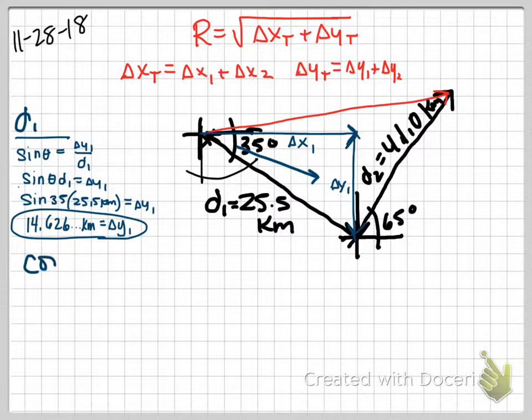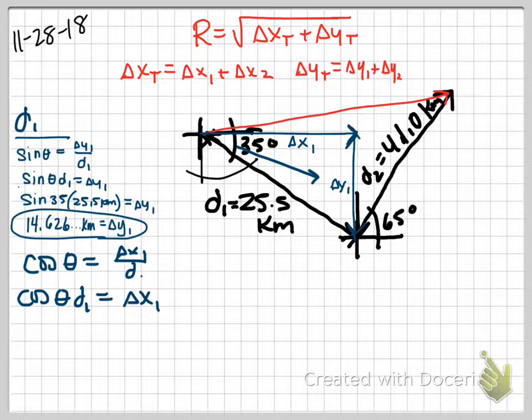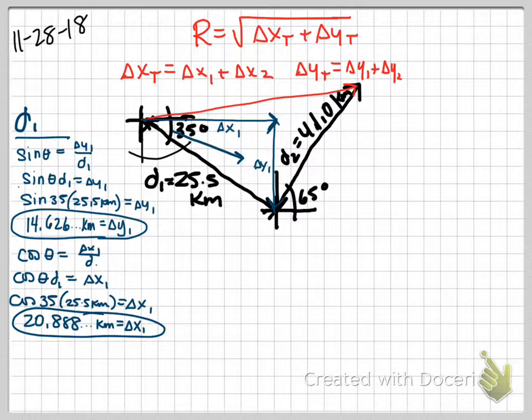And I know that cosine theta will equal delta x1 over d1. Cosine theta times d1 equals delta x1. Cosine of 35 times 25.5 kilometers equals delta x1. Okay, so I get a raw answer of 20.88, etc., kilometers for delta x1.